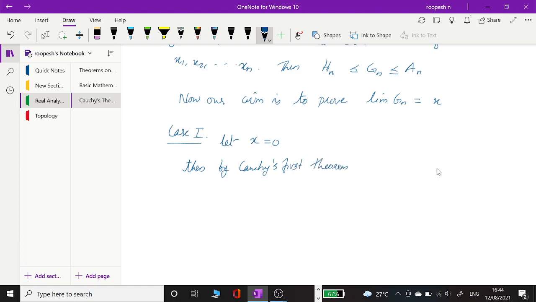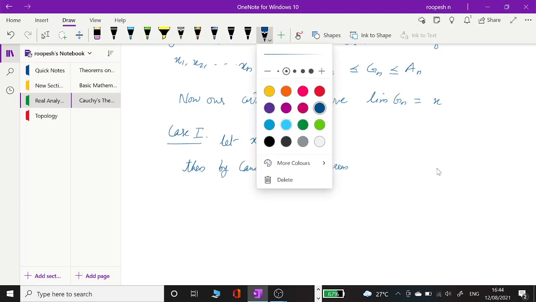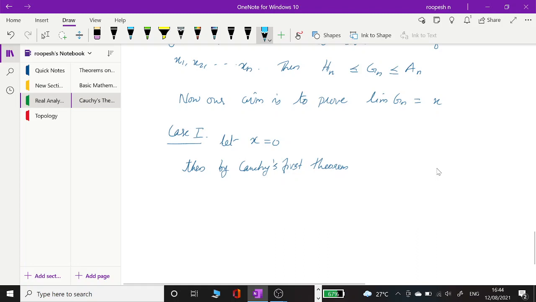What is Cauchy's first theorem? Cauchy's first theorem says that whenever you have a sequence xn converging to x, then x1 plus x2 plus etc. plus xn by n also converges to x.